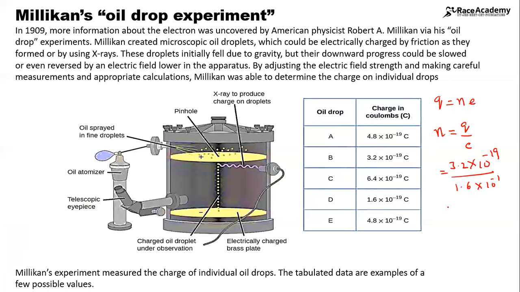It will become 2. That means 2 is the number of electrons in this droplet. So this is one idea discussed in Millikan's oil drop experiment.